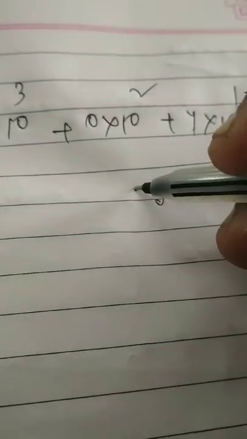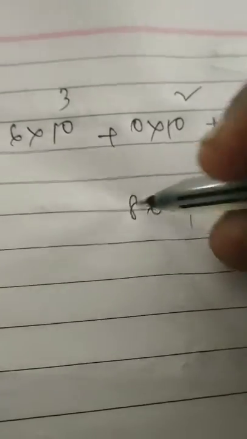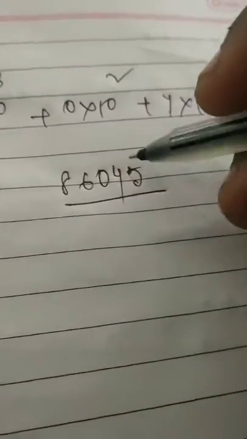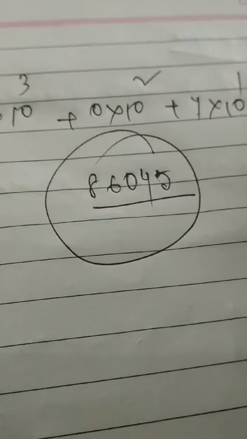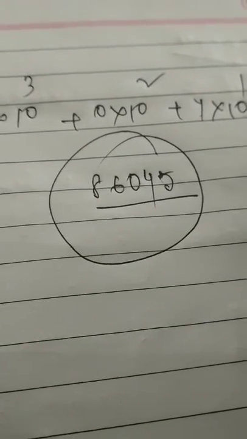So how to do this? 5 into 10 to the power 0 means 5 into 1, that is 5. 4 into 10 to the power 1 means 40. So the place value of 4 is tens, 0 is hundreds, 6 is thousands, and 8 is in ten thousands. So it's 86,045. I believe it's clear to everyone, children. Yes or no?